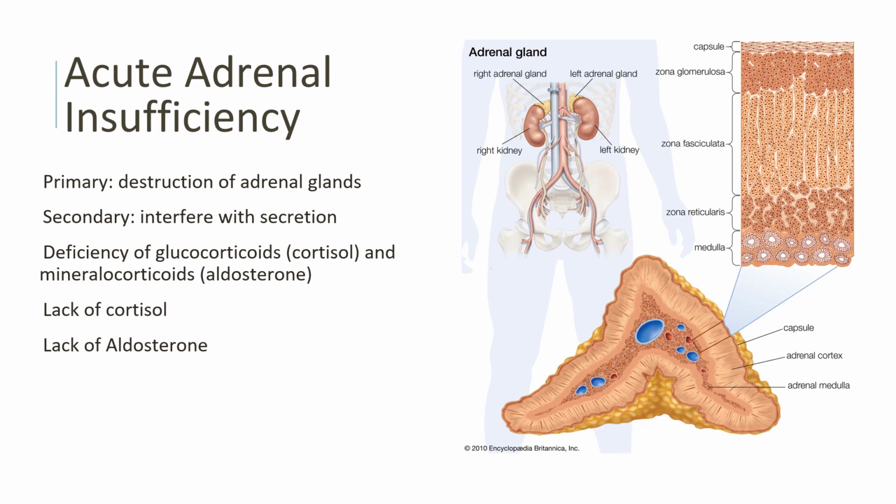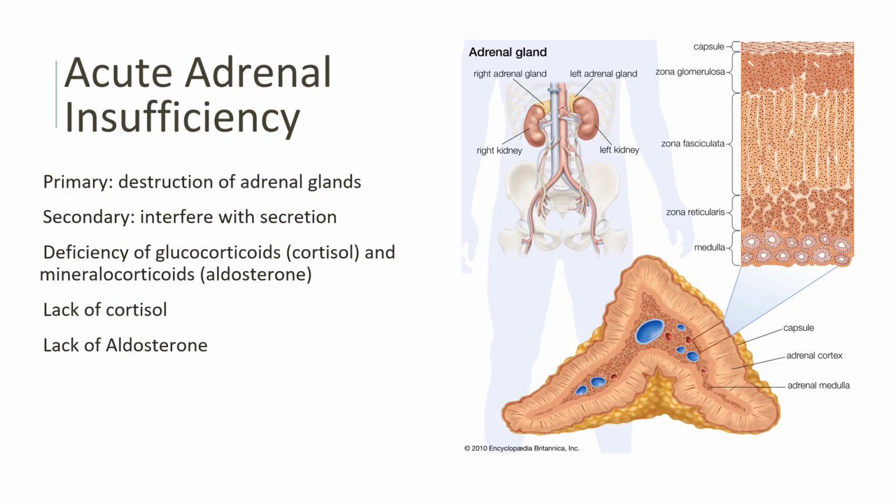Secondary comes from use of medications and or procedures that may have interfered with the secretion of these glands. The main two components that we look at is the subsequent lack of cortisol and lack of aldosterone.